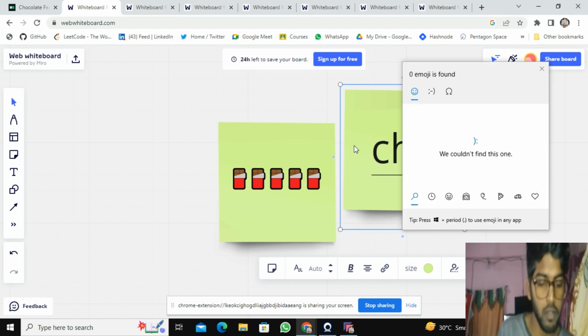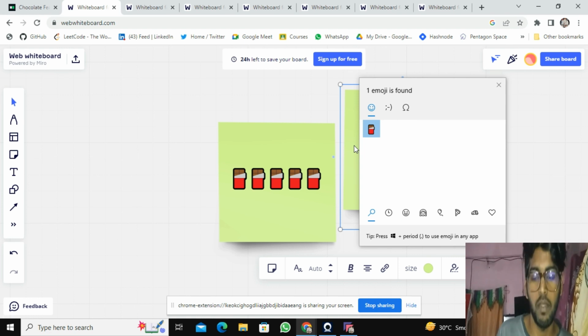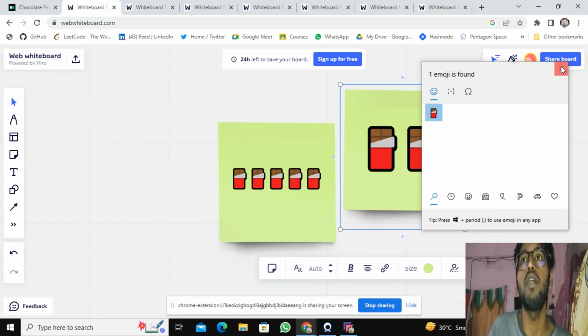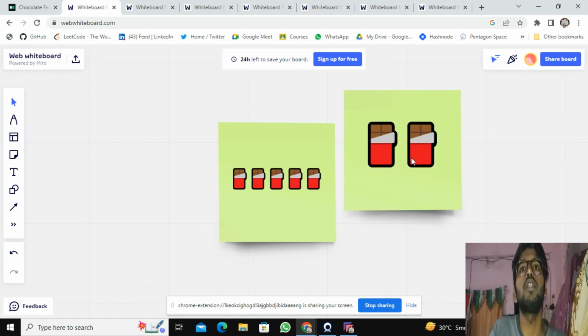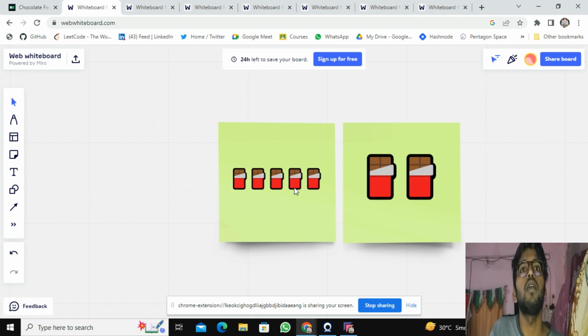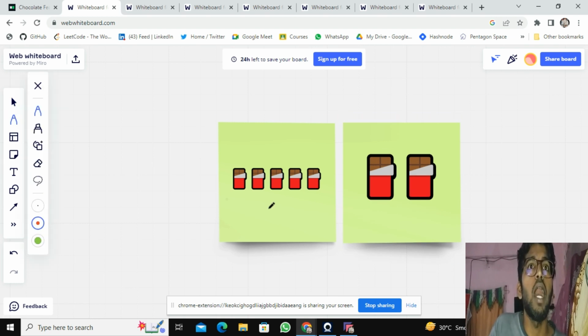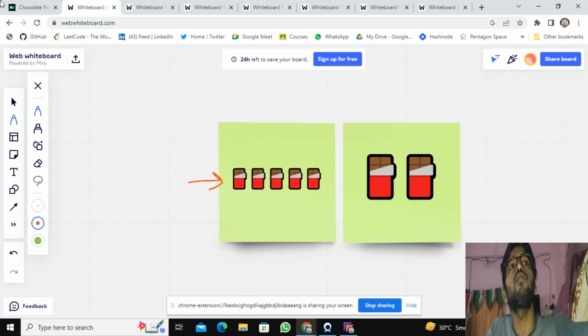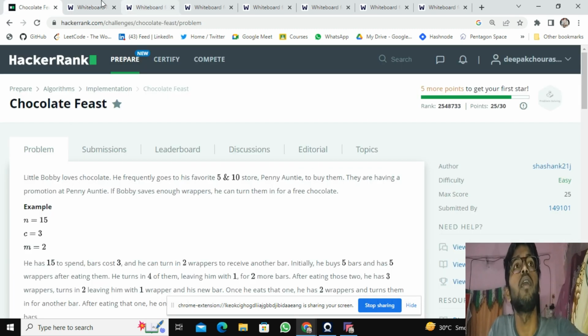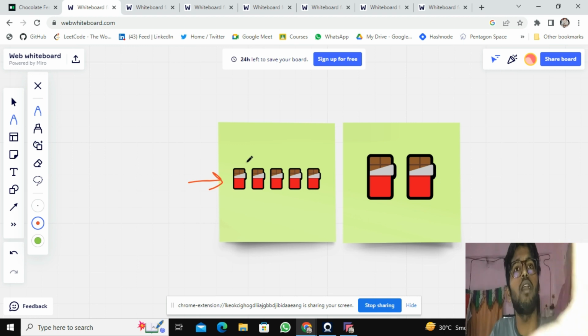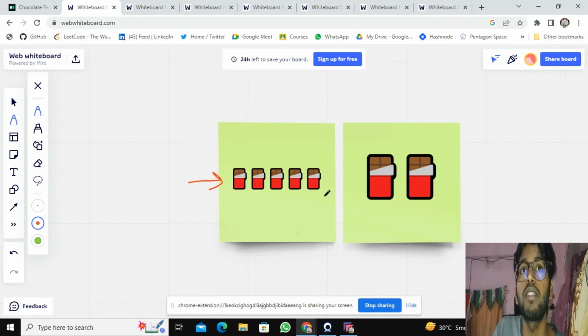These chocolates I bought from the 15 rupees, initially 5 chocolates, and by returning these wrappers, I got these two chocolates.